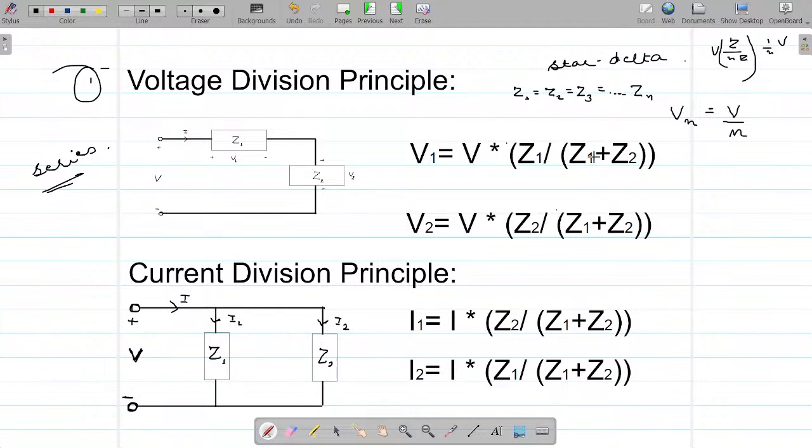Okay. Now tell me, would anything change if we are talking about capacitors? If the impedance is capacitive in nature, would anything in your relation change?